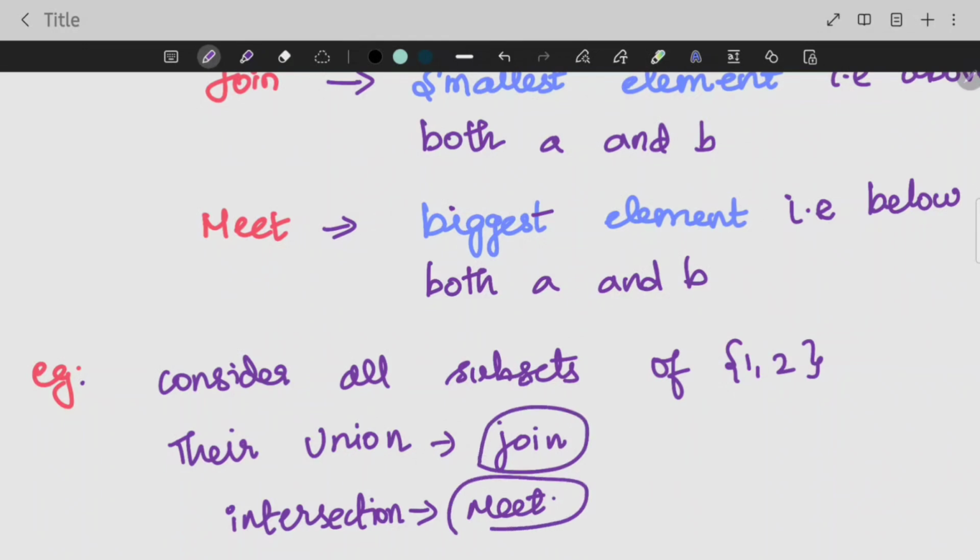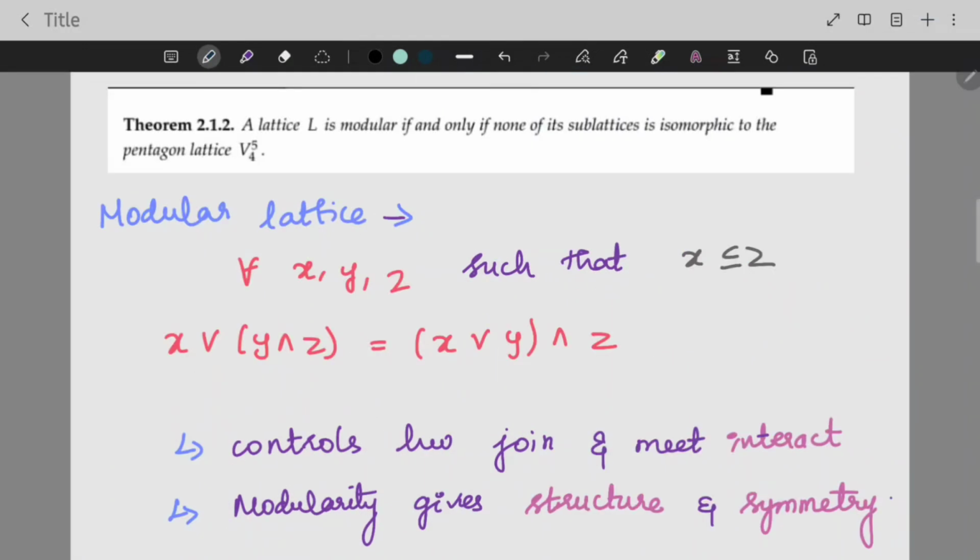Now let's see what a modular lattice is. A lattice is called modular if it satisfies the following identity: for all x, y, z such that x is less than or equal to z, x join (y meet z) is equal to (x join y) meet z.